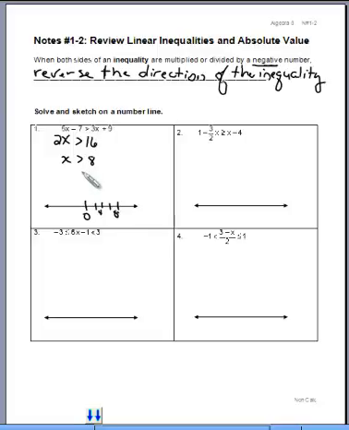There's no line under here to tell me it's greater than or equal to 8. So that means it doesn't include 8, so you use an open circle for that. And then you shade in the part of the number line that shows greater than. Some people like to put their open circle here and shade above the line. You can do that if you want to. I tend to shade right on the number line.